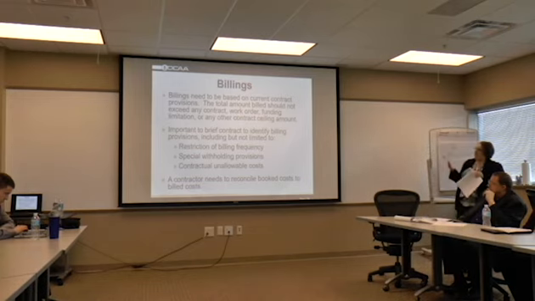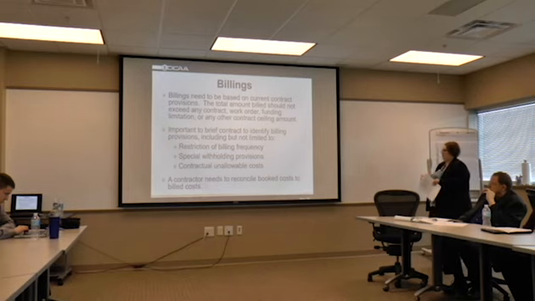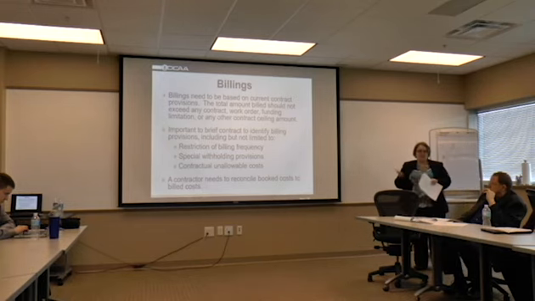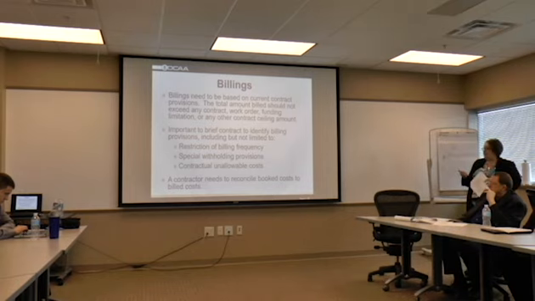It's important to brief the contracts to identify those provisions, but this is limited to restrictions on the frequency of billing. Usually the contract will say how often you can bill on a government contract.